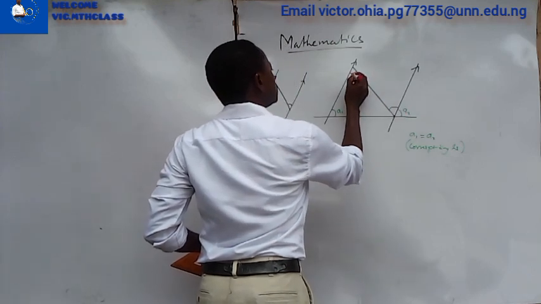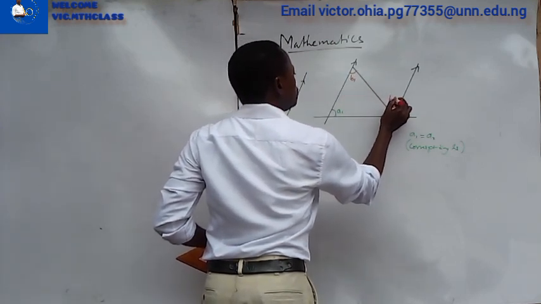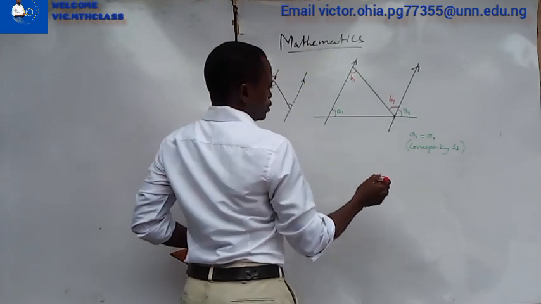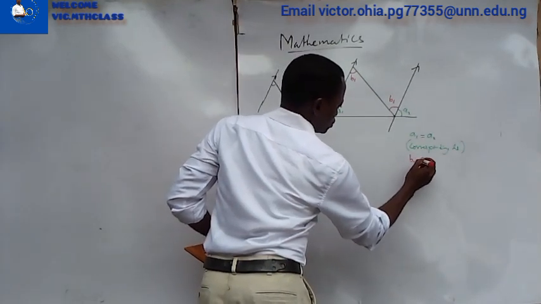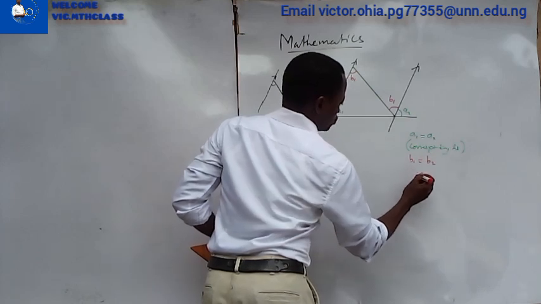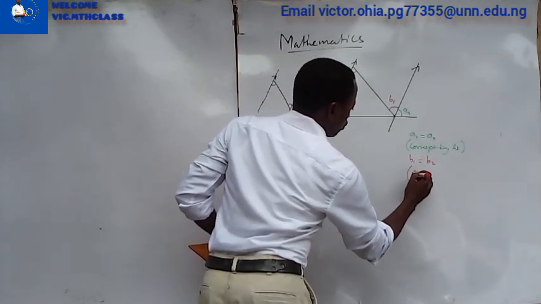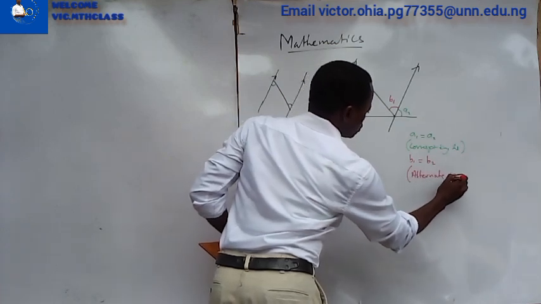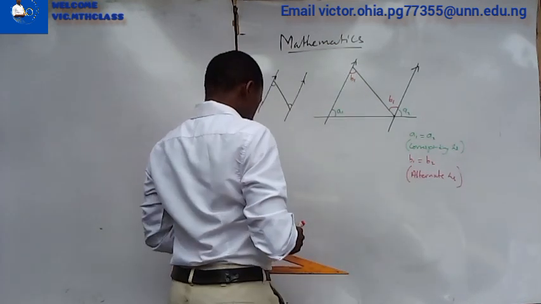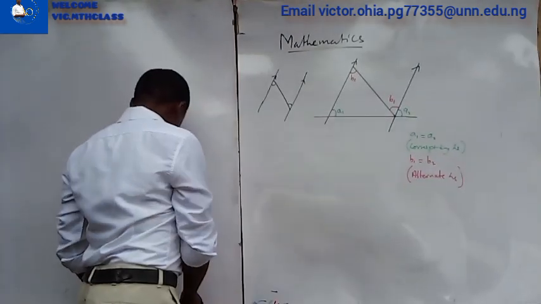So if this is my B1, this will be B2. And another thing we discovered is that B1 is equal to B2. Reason: they are called alternate angles, and alternate angles are also equal.